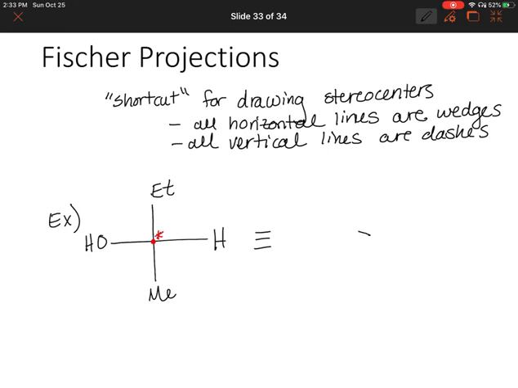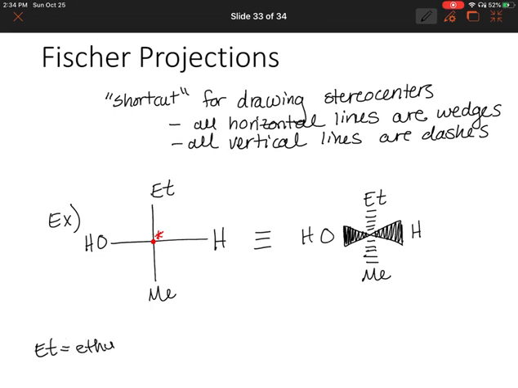All right, so I'm going to draw a little bow tie in the middle and color it in. And then I'll draw some dashes going up and down. And then I'll just write in all of my different groups. Now again, Et stands for ethyl, and Me stands for methyl, just in case you hadn't seen those.